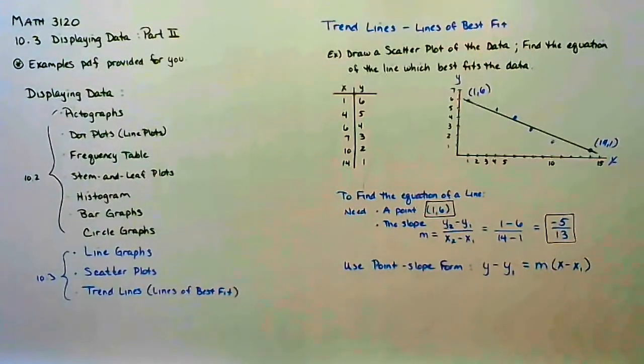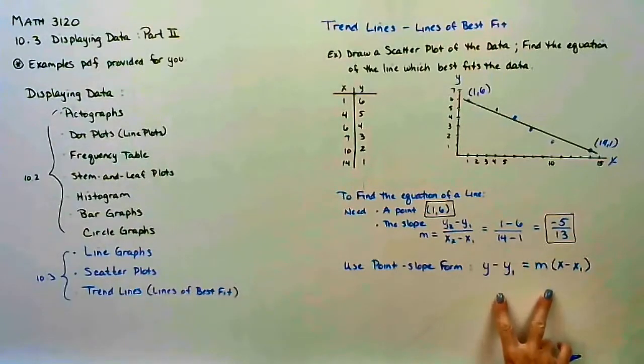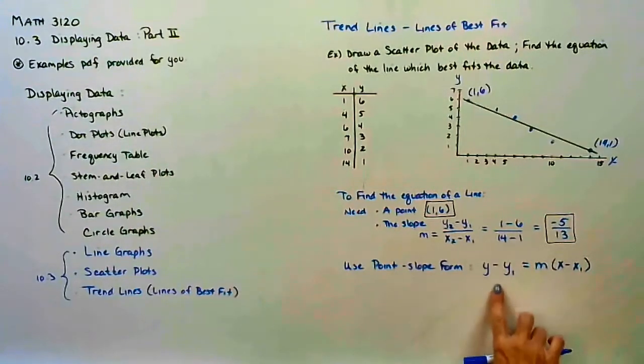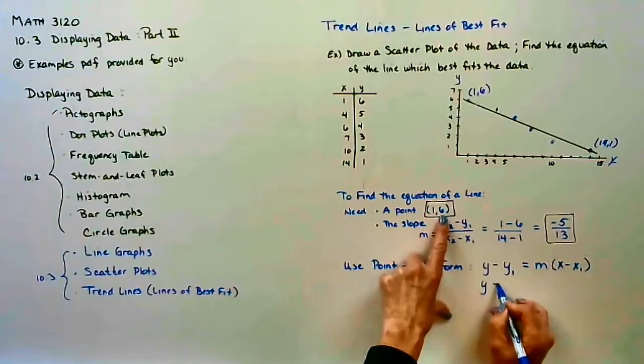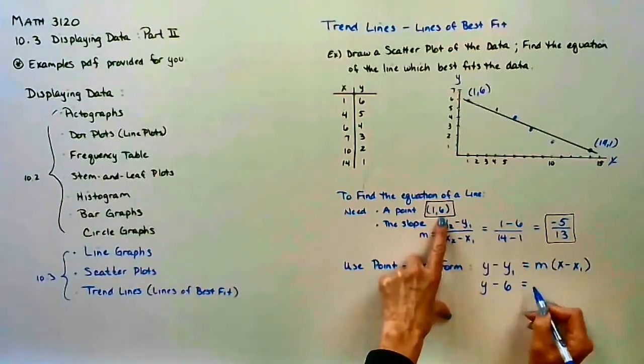Now remember, I chose the point (1, 6). We found the slope to be -5/13. So I'm going to use those and simply substitute them in.